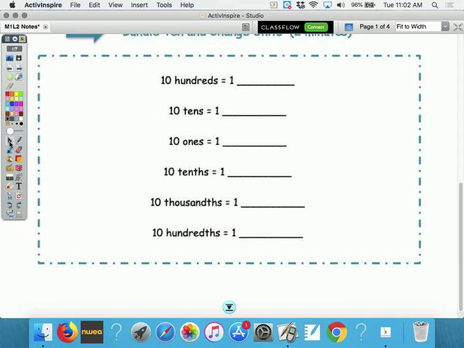All right, so let's take a look at this. If I have 10 discs in the hundreds place and I bundle them, what would they become? 1,000, right? So just write 1,000 there.